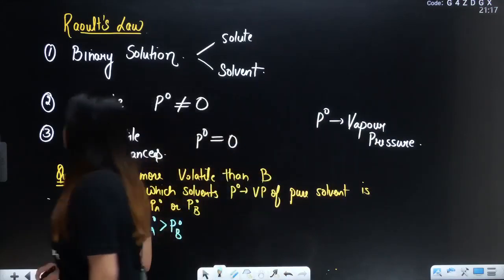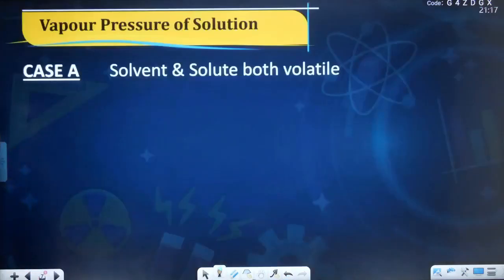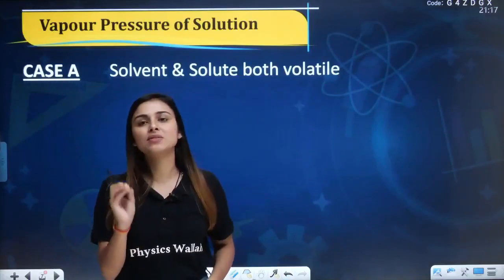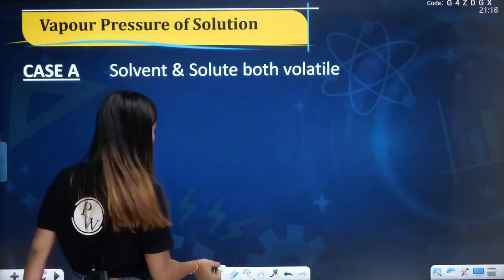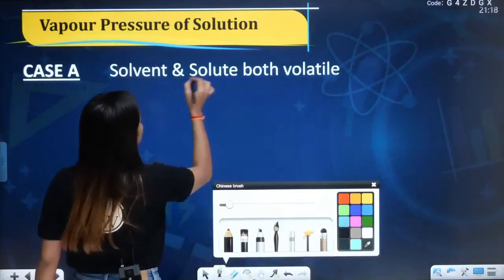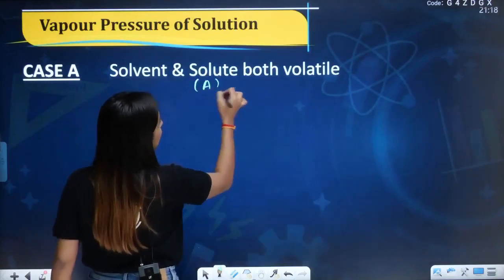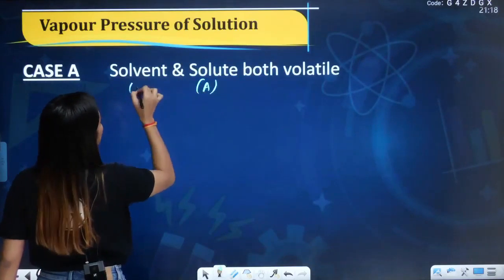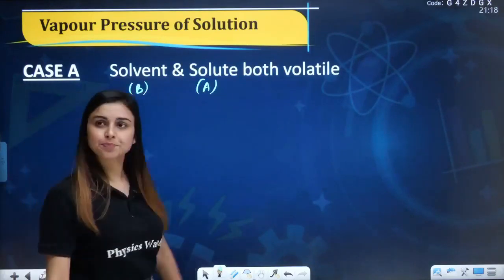So now you have case 1 where solvent and solute both are volatile. You have solvent, you have solute, and both are volatile. From now on, we will call solute as A, and we will call solvent as B. Clear?